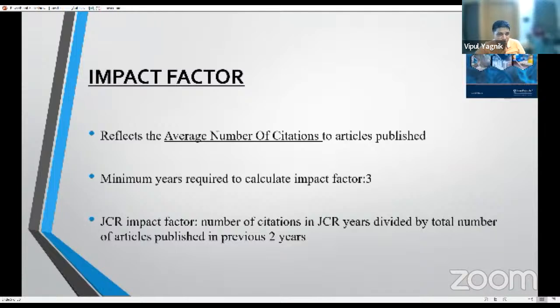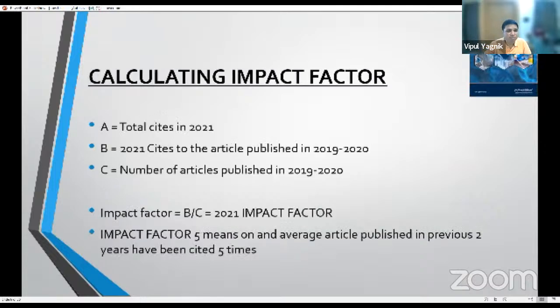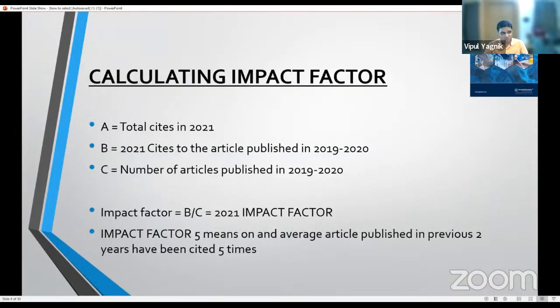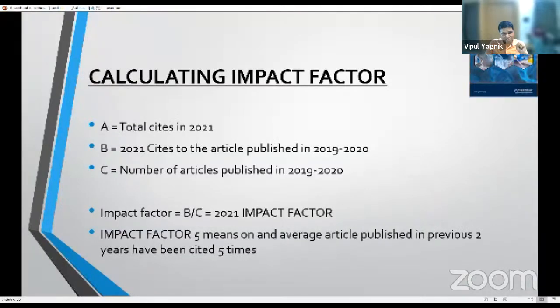That means if you want to calculate the impact factor for 2021, you consider the articles published in the previous 2 years, 2019 and 2020. You calculate the citations received in 2019 and 2020, and the number of articles published in 2019 and 2020. When you divide these two, you get the impact factor.